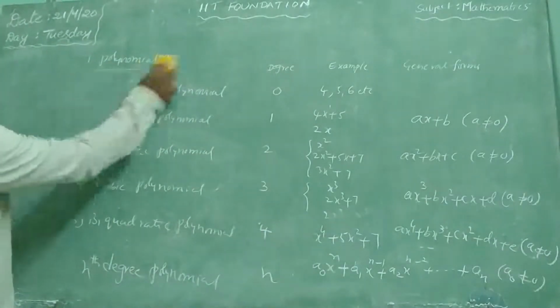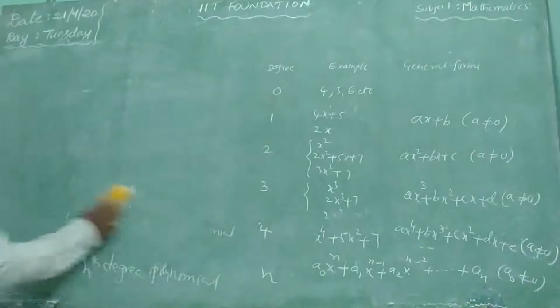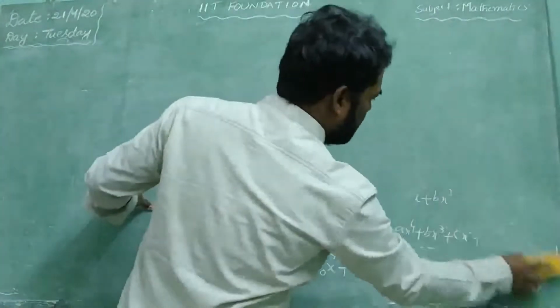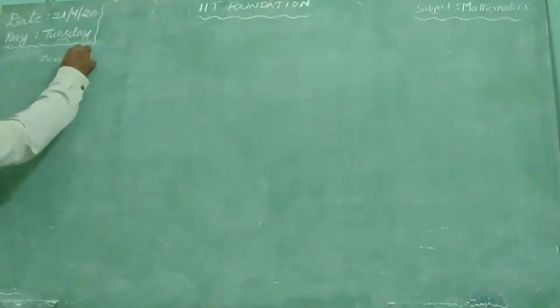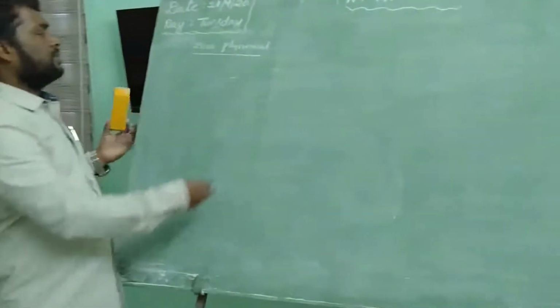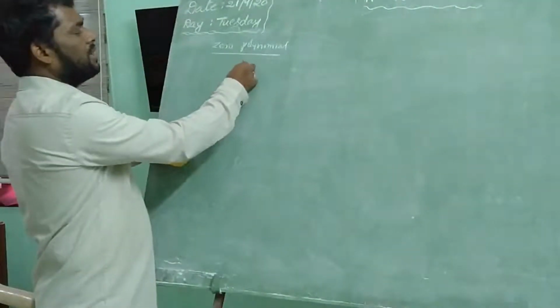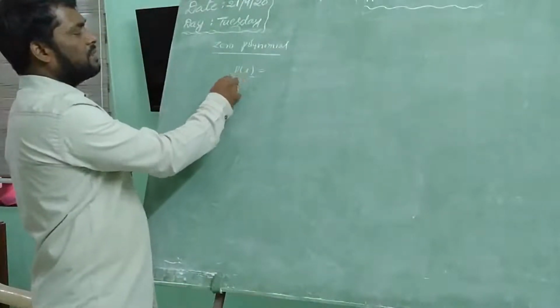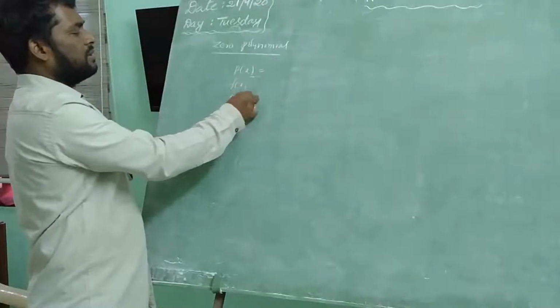Next, we are going to discuss the zero polynomial. What is the zero polynomial? Suppose we take a polynomial. Generally, a polynomial is denoted by p of x or f of x or g of x.